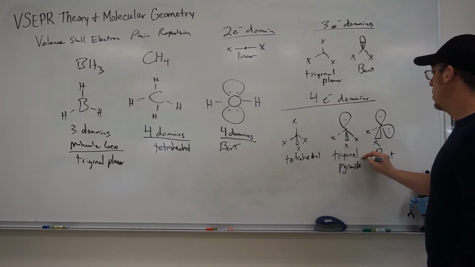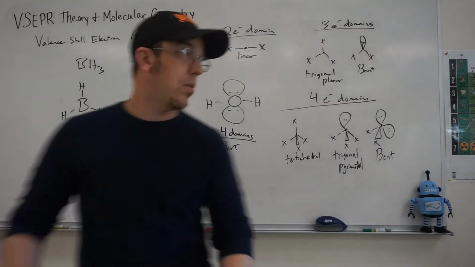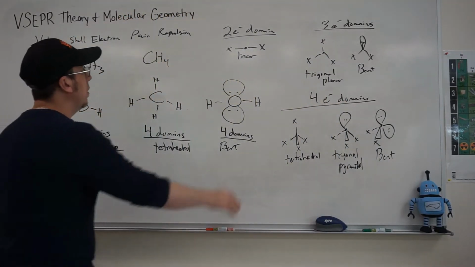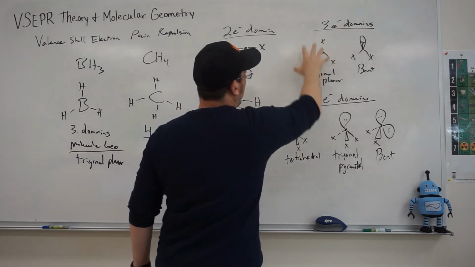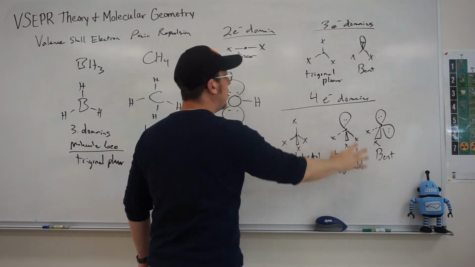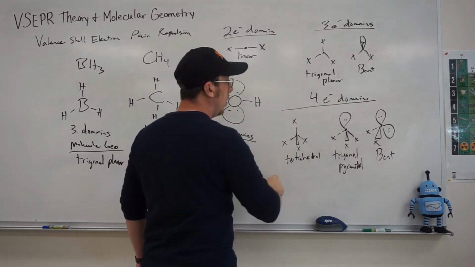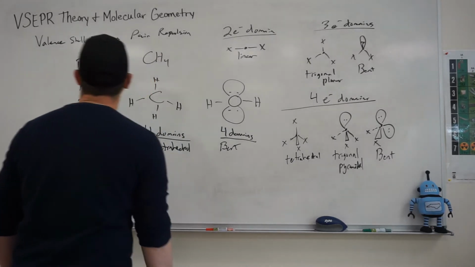All right. As we look at the first three domains, there's linear, trigonal planar, and then there's tetrahedral. Within these domains, you are going to figure out the molecular geometry for your molecules.